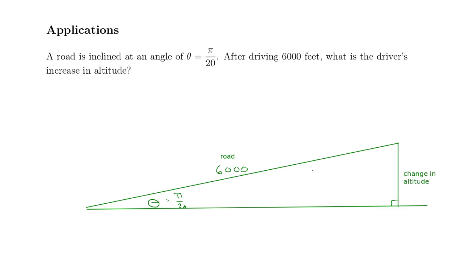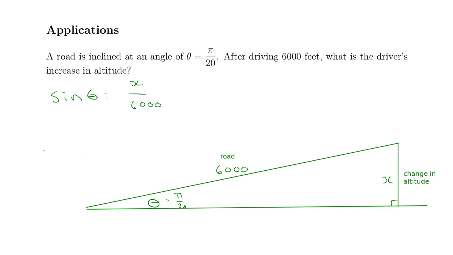Cool. So if we want to find the change in altitude, we're looking at the opposite side of this angle. We have a hypotenuse. Hopefully that makes us think of sine. We know that sine theta is going to be, I'll make this x, the change in altitude, x over 6,000.